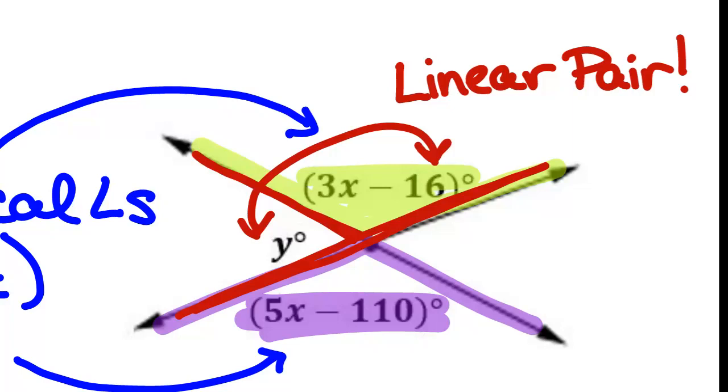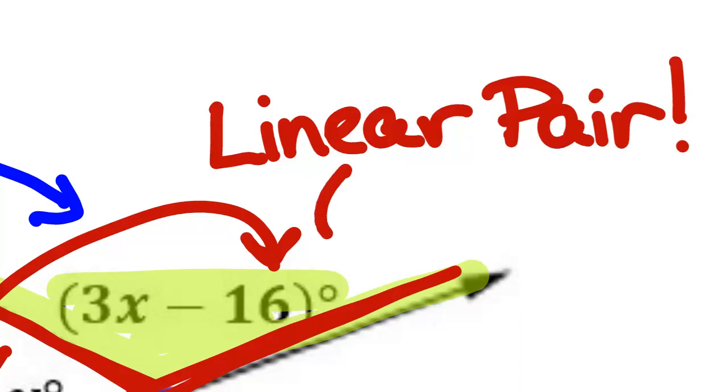No. They don't even look like they're the same size on the picture, although I have to be careful about the way pictures look because sometimes books are just as bad of an artist as I am. So we got to be careful by the way it looks, but you're right, they don't look the same here. So I'm not going to set them equal to each other because they're not congruent. What other relationship do we have? What is my linear pair relationship? They add to 180.